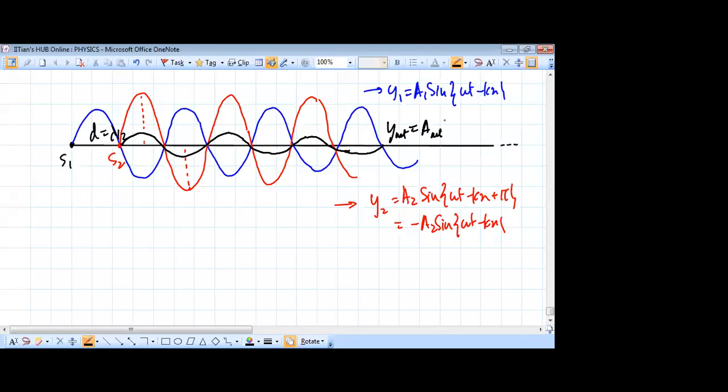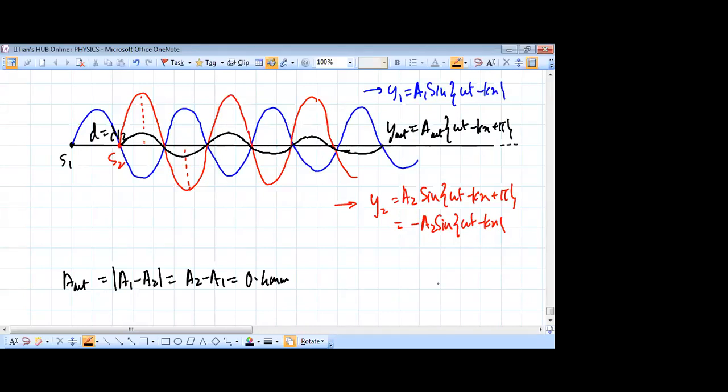which would have come out to be E net sine omega t minus kx plus pi, where E net would come out to be mod of A1 minus A2. That in this case would become A2 minus A1, which is 0.4 millimeters. Okay.